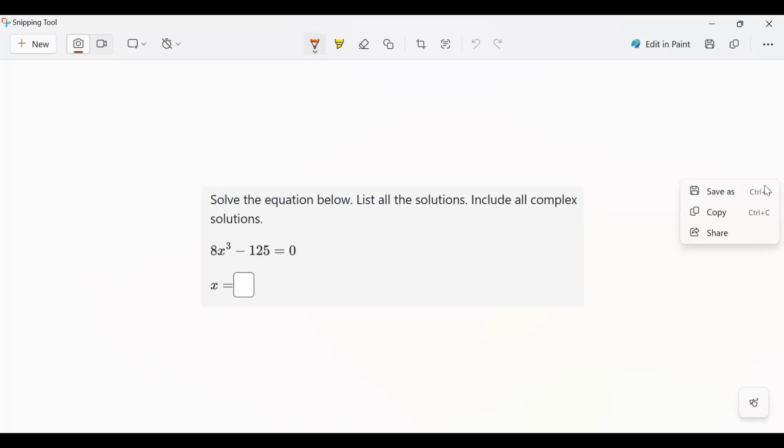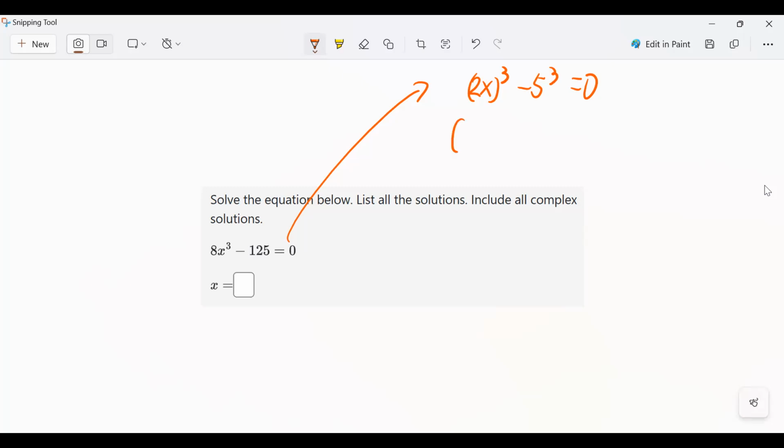And let's go over the solution. So again, we're just going to compute, right? Difference of cubes, 2x cubed minus 5 cubed. And again, it will be 2x minus 5 times 2x squared plus 2x times 5 plus 5 squared.